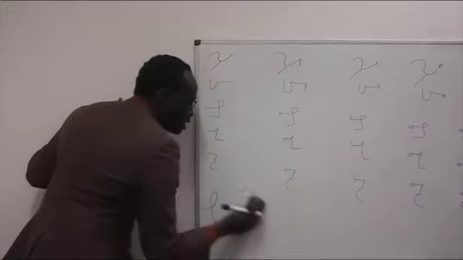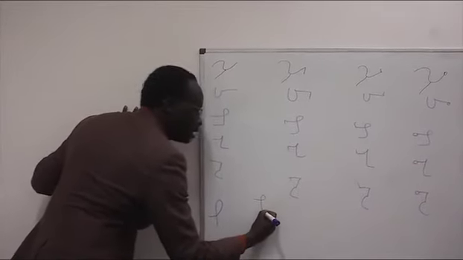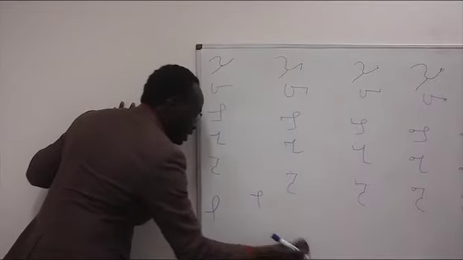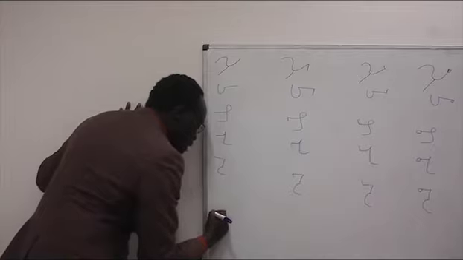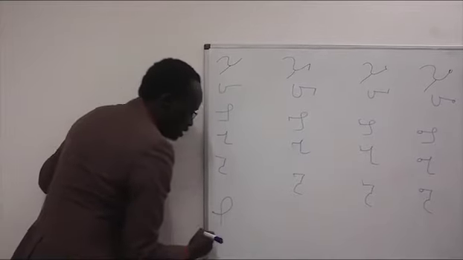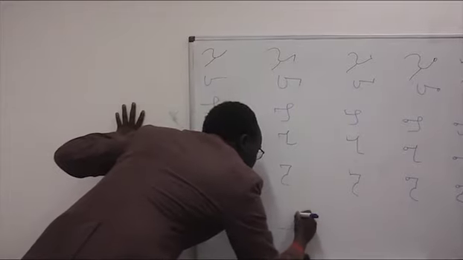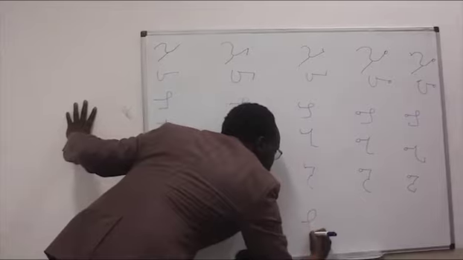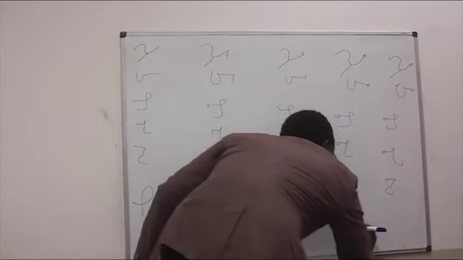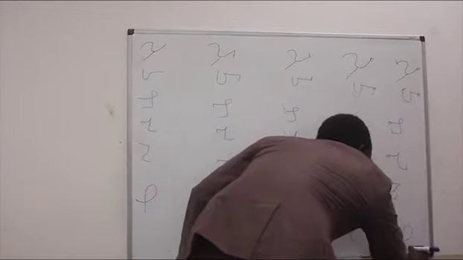Ta is really big and cha is really small, like that. Cha is smaller than ta. So ta is big, like this. That's ta. So we write ta 5 times. So ta will be like this.